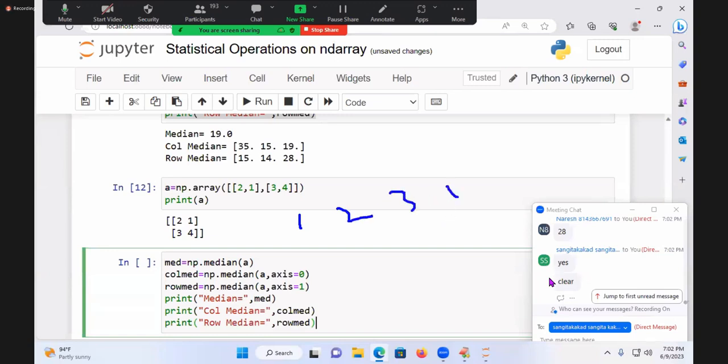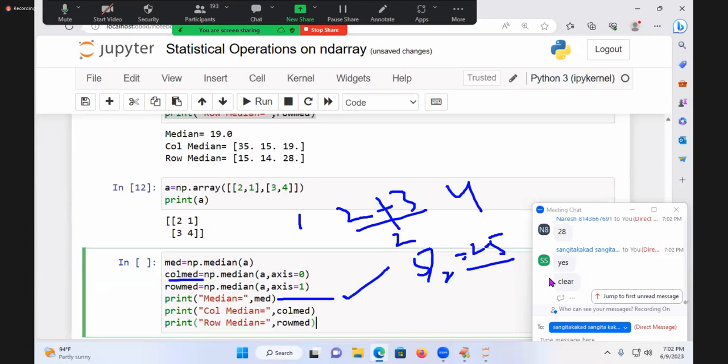The middle ones are 2, 3: 2 plus 3 by 2, 5 by 2, is 2.5. 2.5 is the median. Next, column median: 2 and 3 by 2. Only 2 elements, the central element is 2 plus 3 by 2. 1, 4.